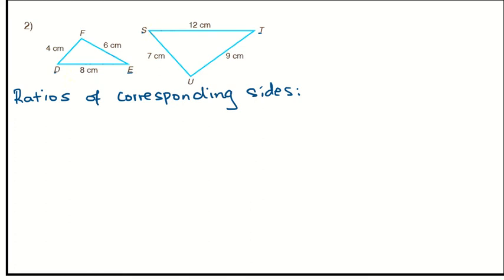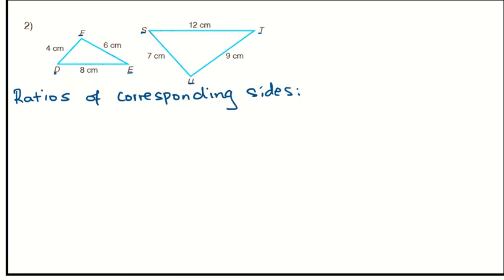Then the second longest, which is TU, must be corresponding with EF. This is because TU and EF are the second longest. Then the shortest, which is SU, must correspond with DF, which is also the shortest.